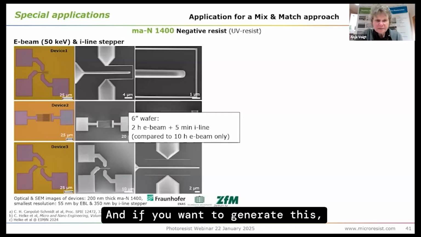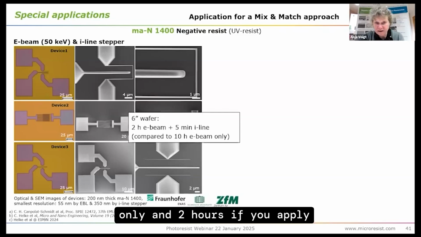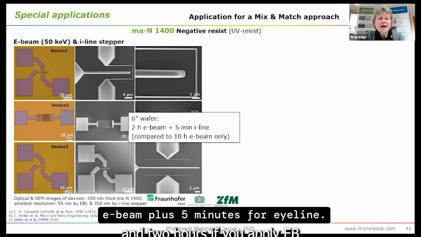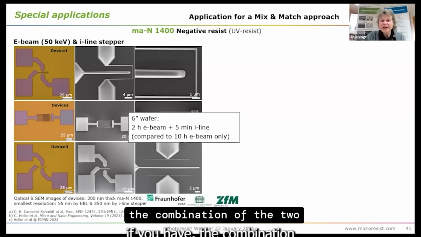If you want to generate this kind of pattern on a 6-inch wafer, it takes 10 hours for E-beam only, and 2 hours if you apply E-beam plus 5 minutes for I-line. So much less time if you have the combination of the two patterning techniques.